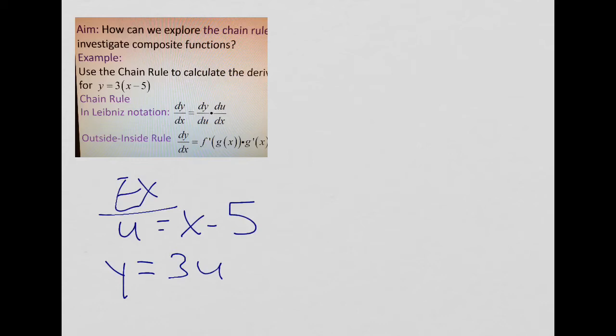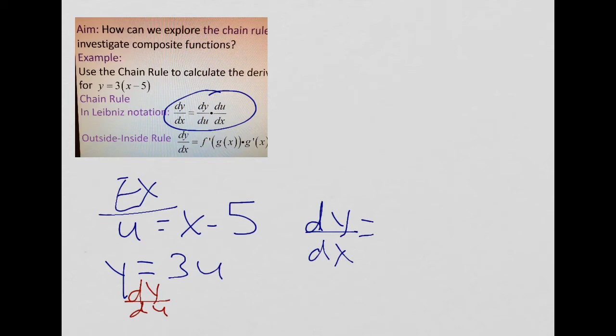So if I'm doing this right here, I'm taking the derivative of y with respect to u, and that would give me, let me do that over here, dy over du to be 3.